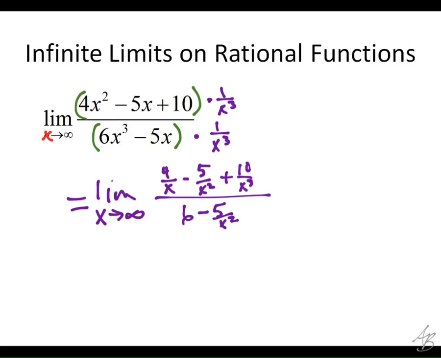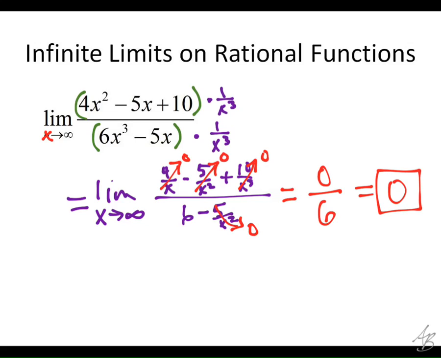Okay, so this time, when we plug infinity in, we get all 3 terms that go to 0 in the numerator, and 1 term that goes to 0 in the denominator. And so what we get is 0 over 6, which is 0.